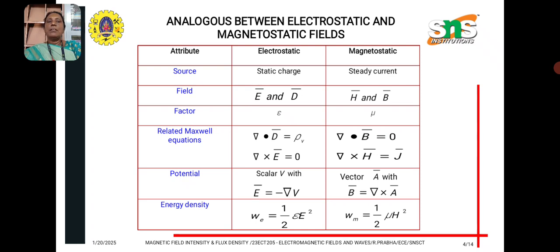For magnetostatics, del dot B vector is equal to 0, del cross H vector is equal to J. For the potential, the electric scalar potential gives E vector equal to minus del V, and for the magnetic potential, B vector is given by del cross A. The energy density for electrostatics is WE equal to 1 by 2 epsilon E squared, and for magnetostatics the energy is Wm equal to 1 by 2 mu H squared.